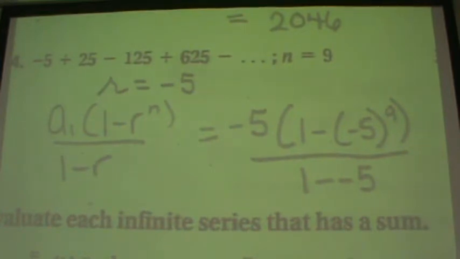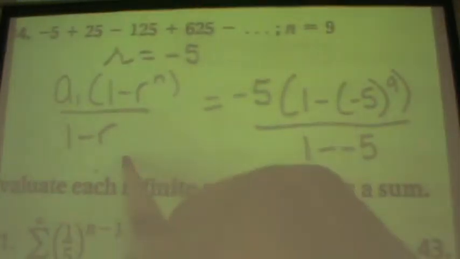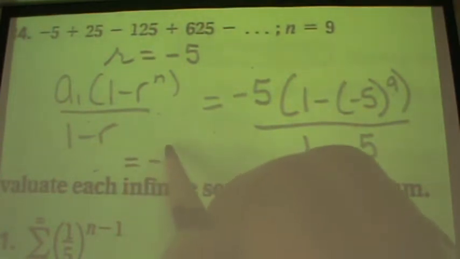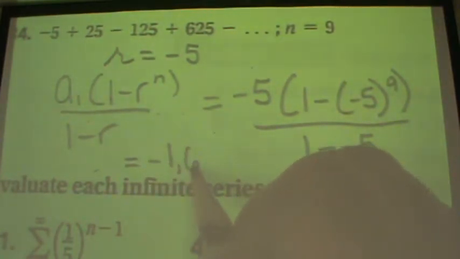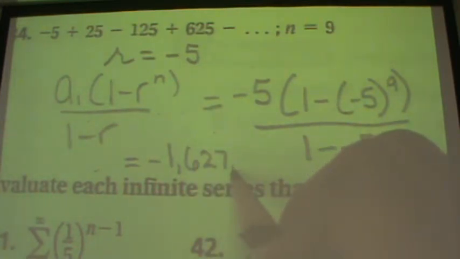Okay, type this in your calculator and tell me what answer you got. It's a big one. Negative 1,627,605.